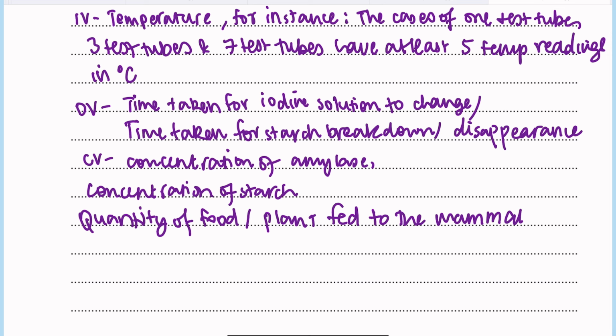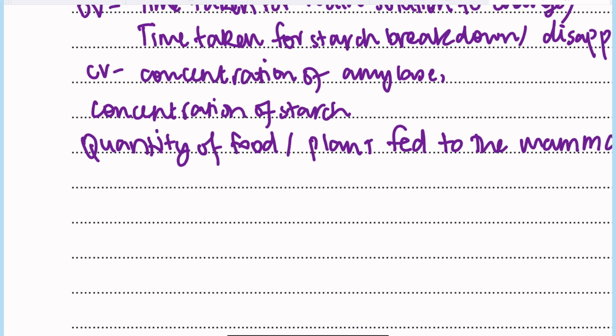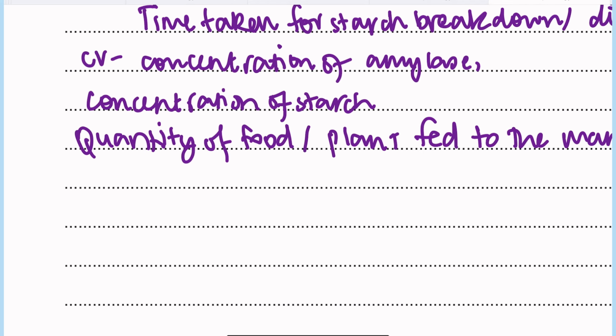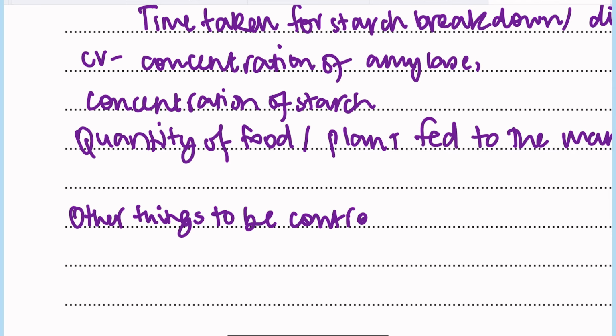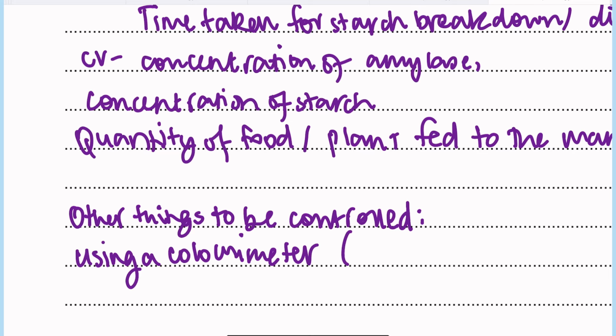So you could talk about what other things have been controlled in the experiment, for instance, using a colorimeter to measure the color change of iodine solution.